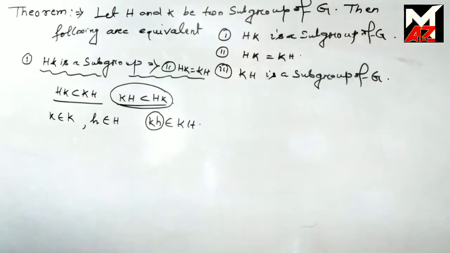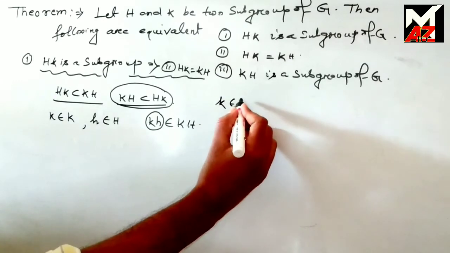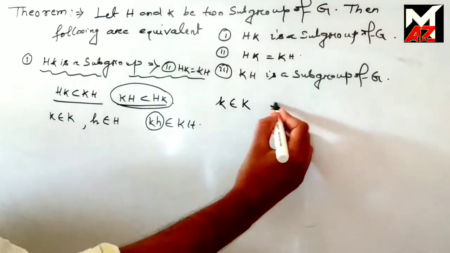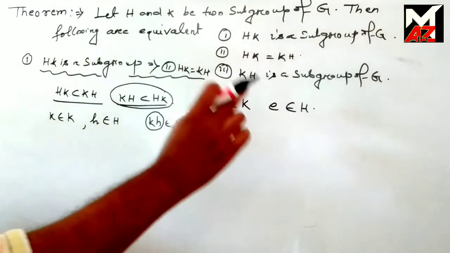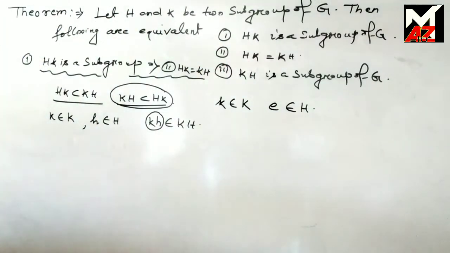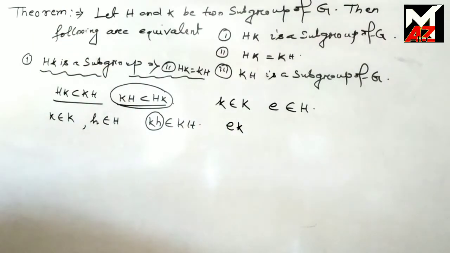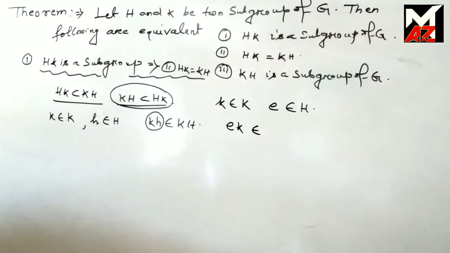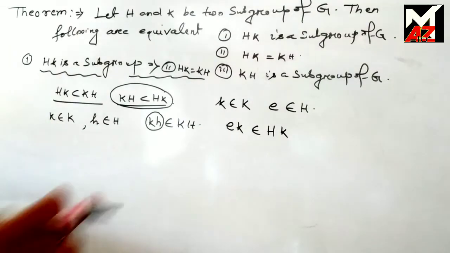Here k belongs to K and e belongs to H, because H is a subgroup and e is the identity of H. Then e into k belongs to HK from the definition of HK.